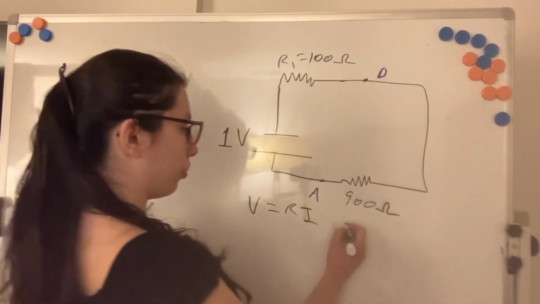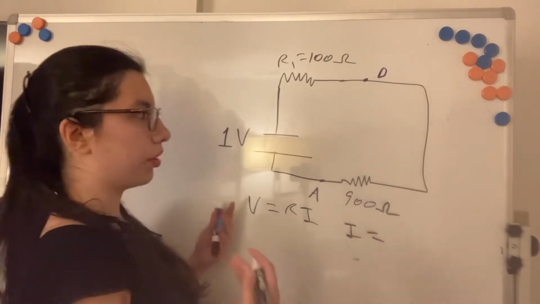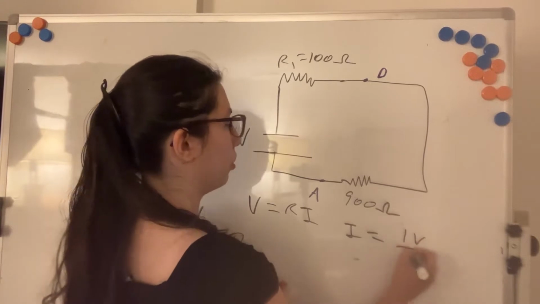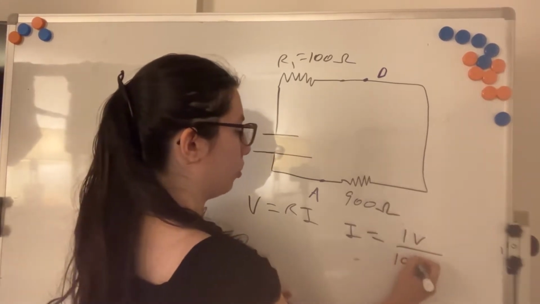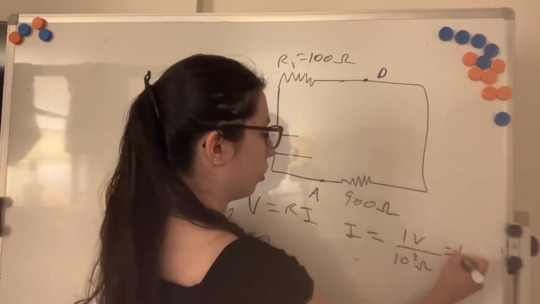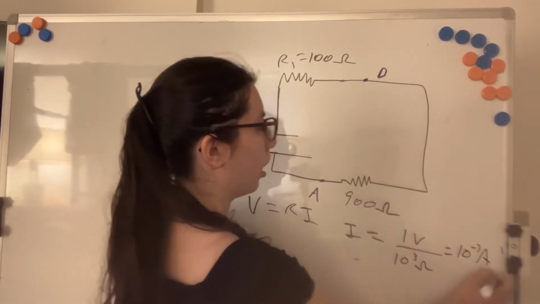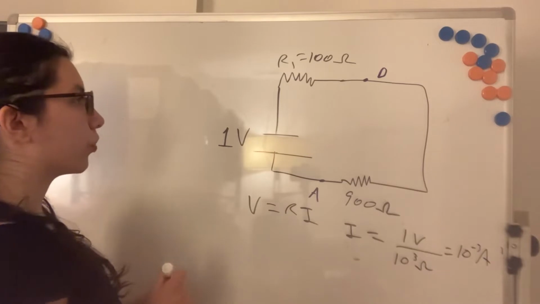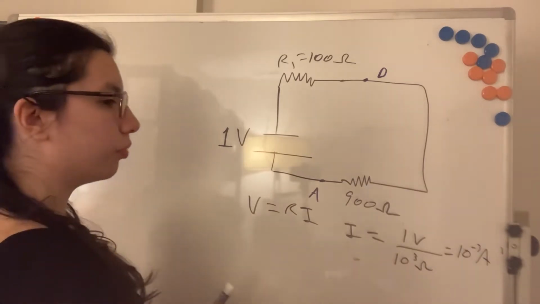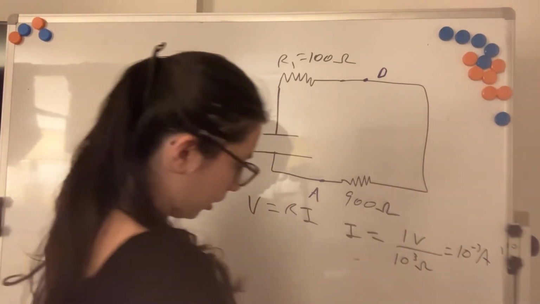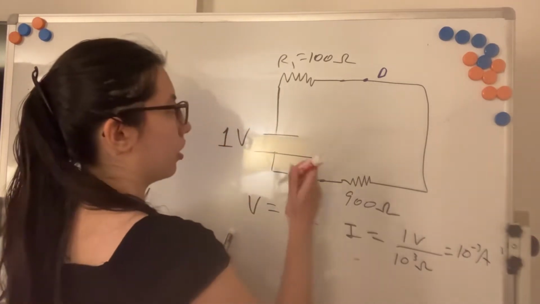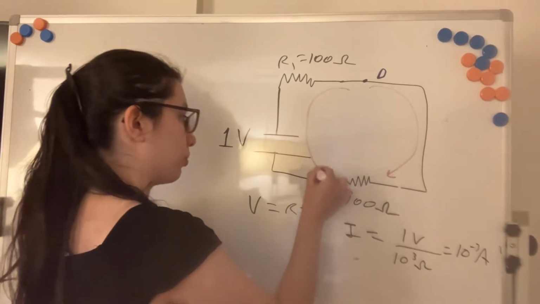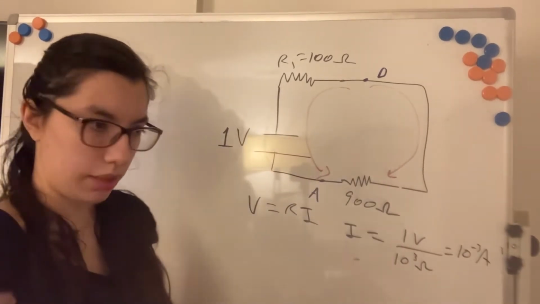So the current would be voltage divided by the total resistance, that is 1 volt over 10 to the 3 ohms, or 10 to the negative 3 amperes. So this is the current. Now for the voltage dropped, or the potential difference, we can take this way, or we can take this way, and we will see that it's exactly the same.